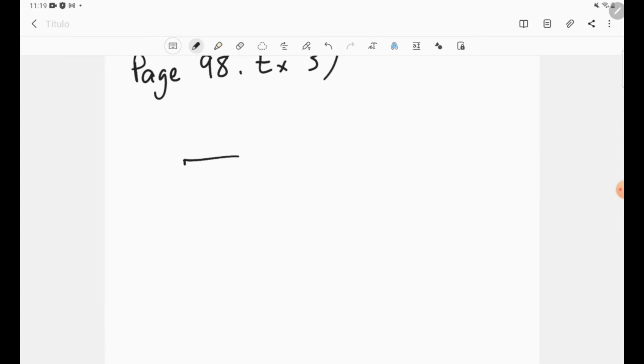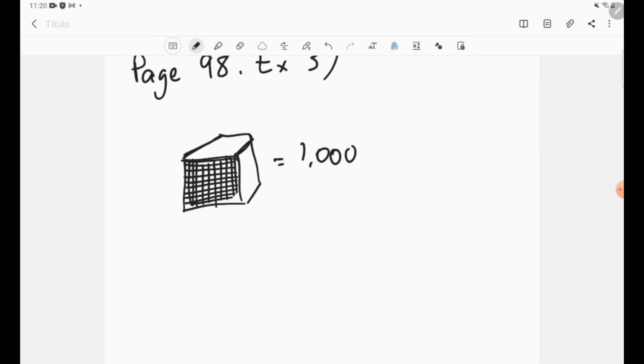Okay, cube, with 10 parts in each face of the cube. 1, 2, 3, 4, 5, 6, 7, 8, 9, 10. And then like this: 1, 2, 3, 4, 5, 6, 7, 8, 9, 10. Okay, so in the whole cube there are 1000 pieces.